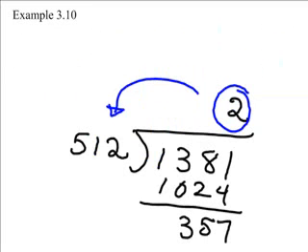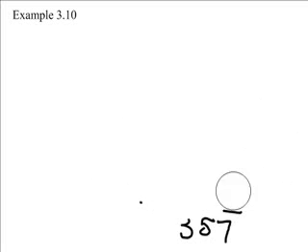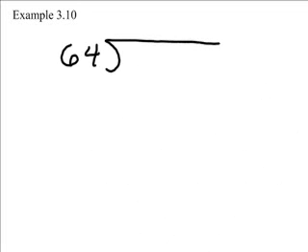Now going back to our new remainder, this 357, I'm going to find out how many 64s, which is the very next place value, are contained in the remainder of 357. And there are 5, if you do your division.